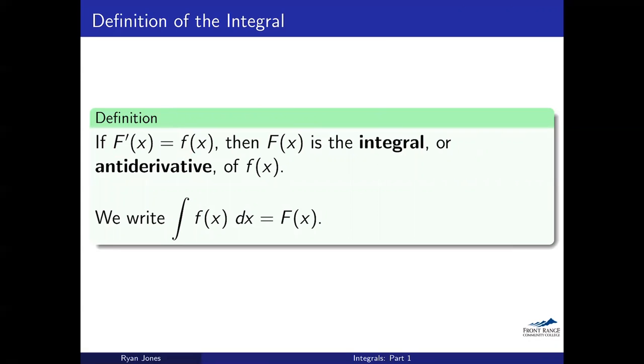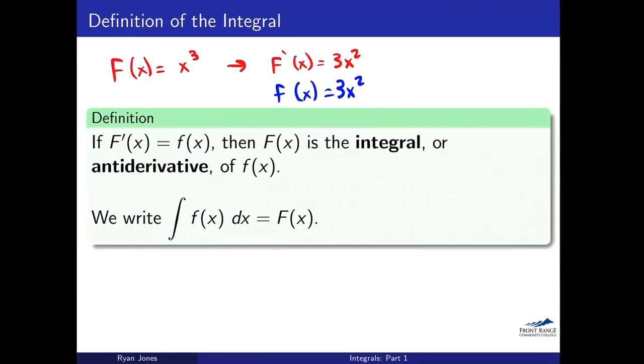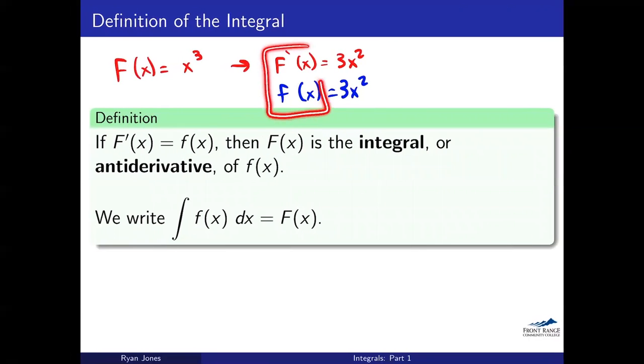So for example, capital F is equal to x cubed. Well, then F prime of x is equal to 3x squared. So what I'm getting at is that little f of x, I'm going to also call 3x squared, so that we can very clearly see that capital F prime and little f are the same. So that's a true fact.